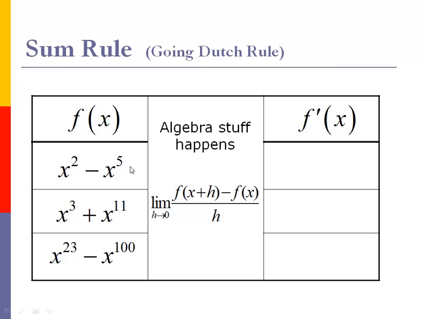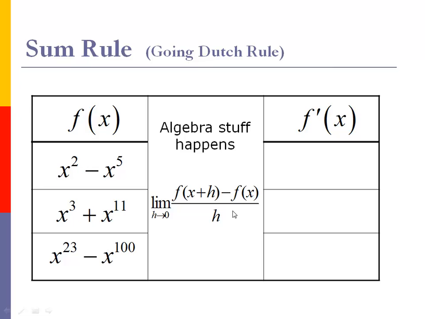Okay, so what we want to do is start off with an expression like x squared minus 5x to the 5th, excuse me. And we want to take the derivative. Well, before, we had this whole limit difference quotient thing going on, where we take x plus h and plug in for each of the x's, expand it all out, do the algebra, then subtract the original function.